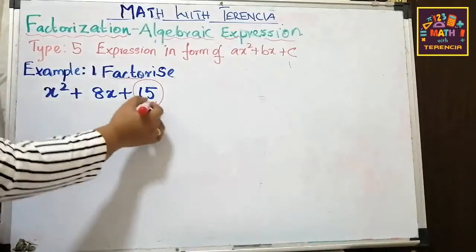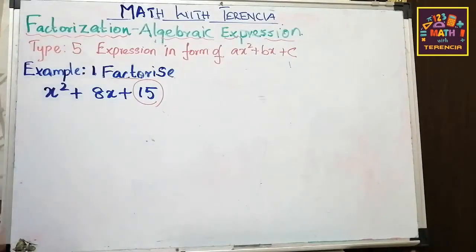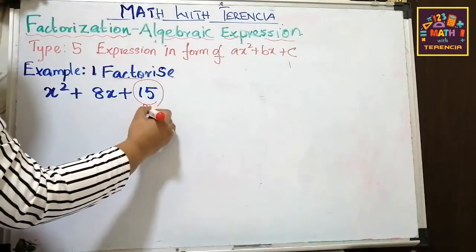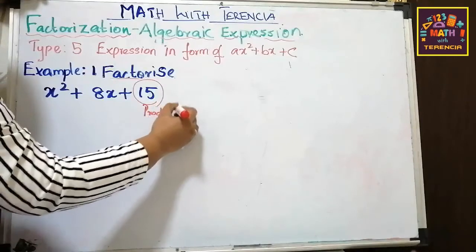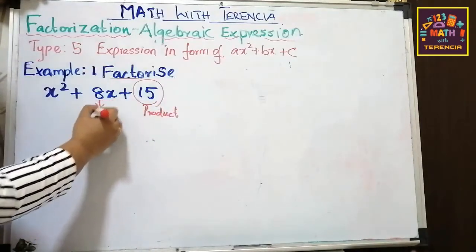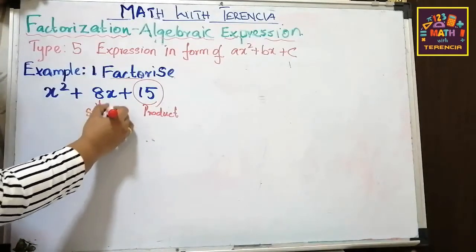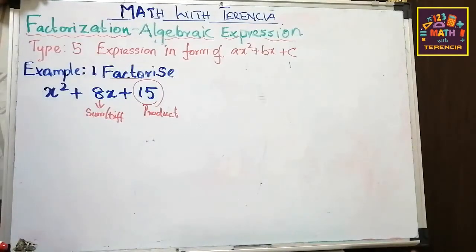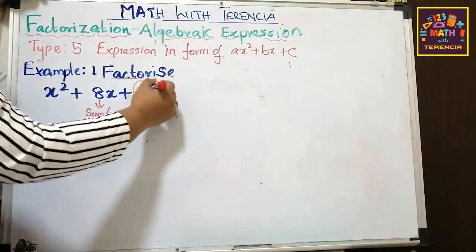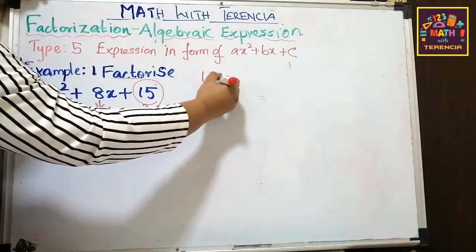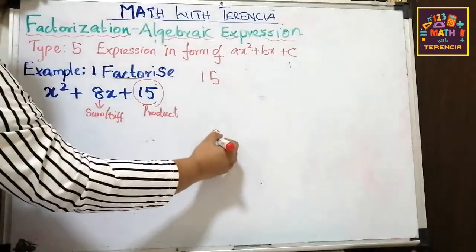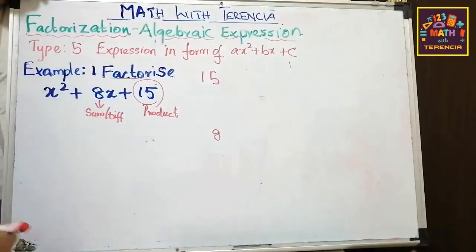So if the last term is not a perfect square, always keep in mind, the last term is a product and the middle term is the sum or difference. So this product will always be on the top and the sum or difference will be down.